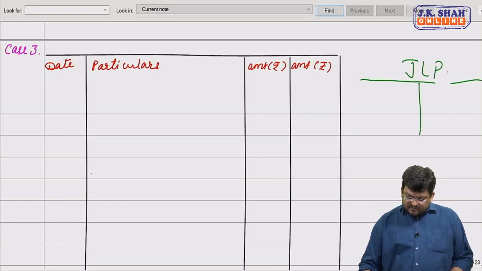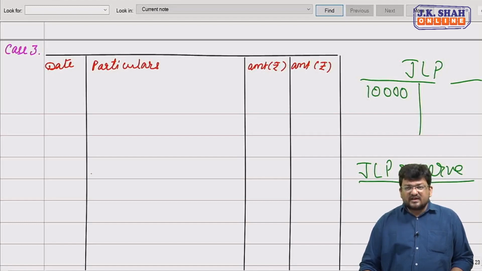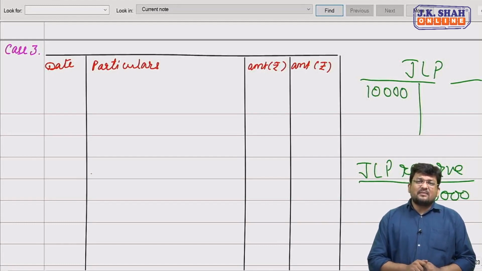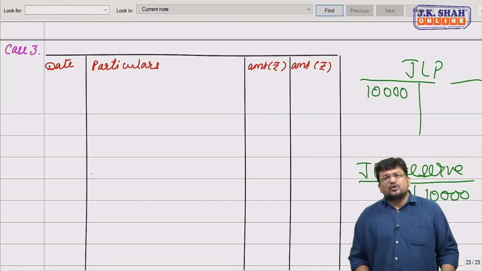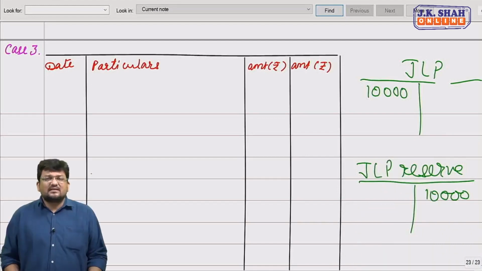If we prepare a JLP account, the balance in JLP is 10,000, and there is also a balance in JLP reserve, which is appearing in books at, they have not specified, sir. So we would say even JLP reserve would appear in books at 10,000 only. We always create JLP reserve with the same amount at which we have created JLP. So JLP reserve also would be appearing in books at 10,000 only.